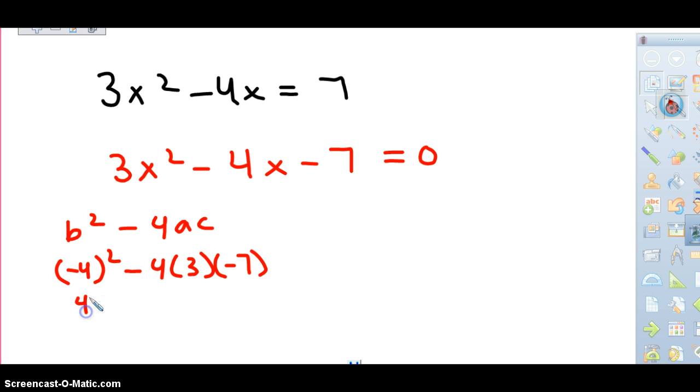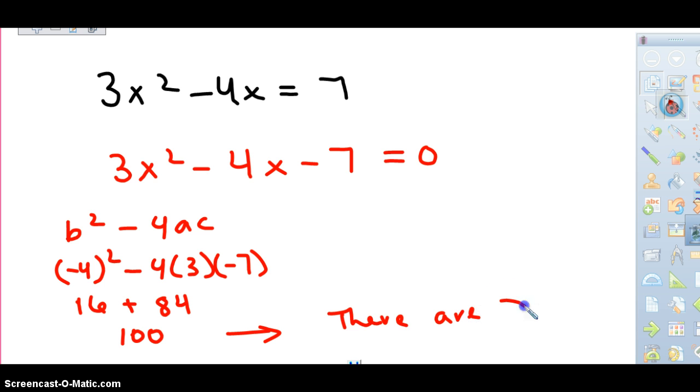What do we get? 16 plus 84. Will this be a positive or a negative number? Positive number, so how many solutions are there? 2. So because the discriminant is greater than 0, there are 2 solutions.